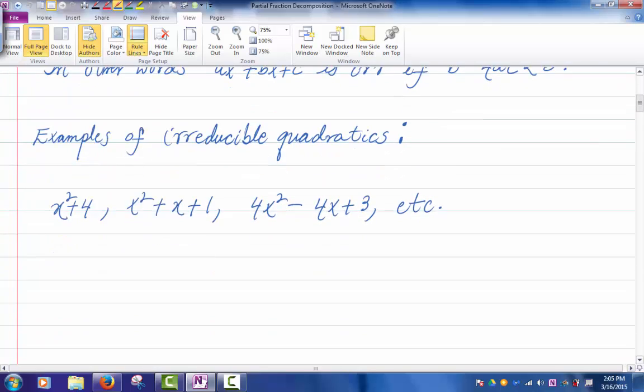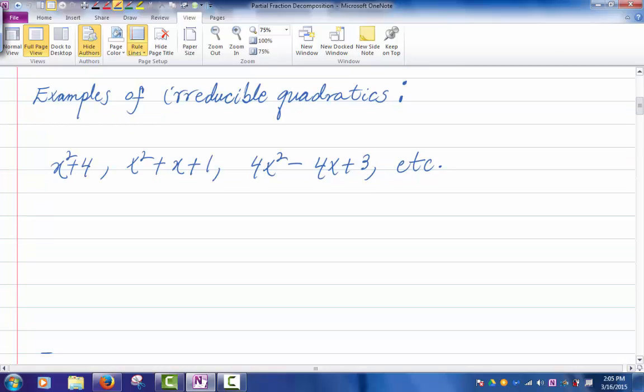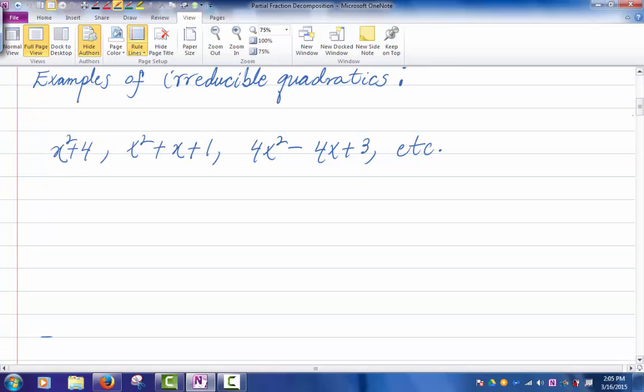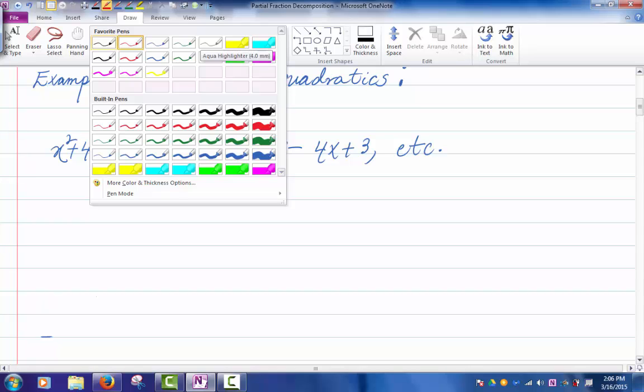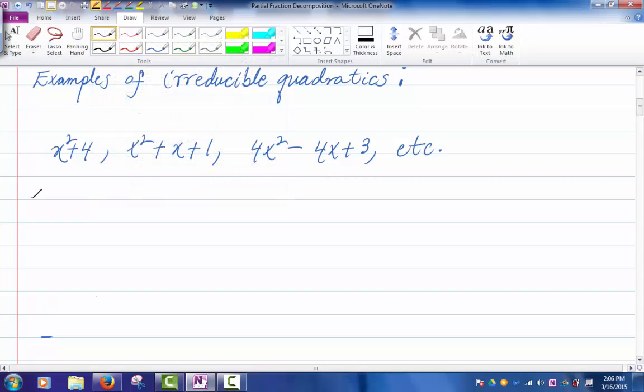Some examples of irreducible quadratics. x squared plus 4, is that irreducible? The easiest way to see that is simply notice the following. If I look at x squared plus 4 equals 0, does that equation have a real solution?